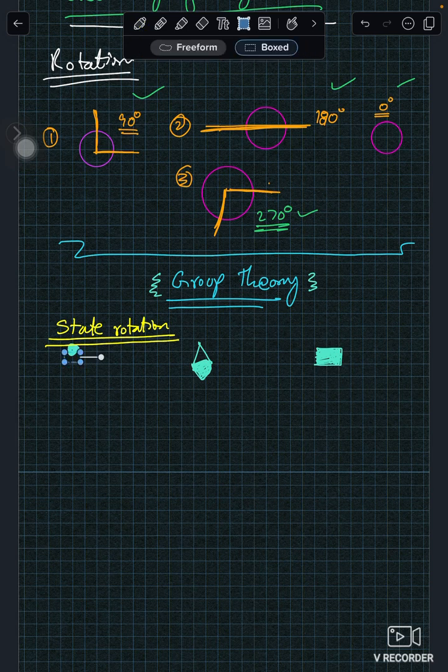So if I spin this circle 90, 180, 270, there's nothing here, and then 360. You might have noticed that no matter how many times I spin it, it will always land up in its original position.